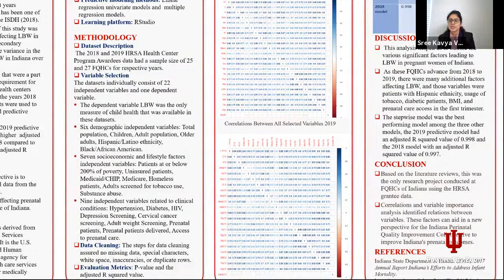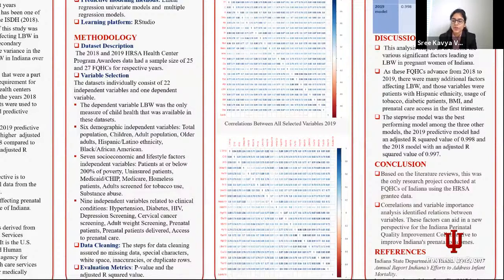Those variables were patients with Hispanic ethnicity, usage of tobacco, diabetic patients, BMI, and prenatal care access in the first trimester. The most important points were that, as per the literature, non-Hispanic patients at FQHCs were no longer predicting low birth weight.